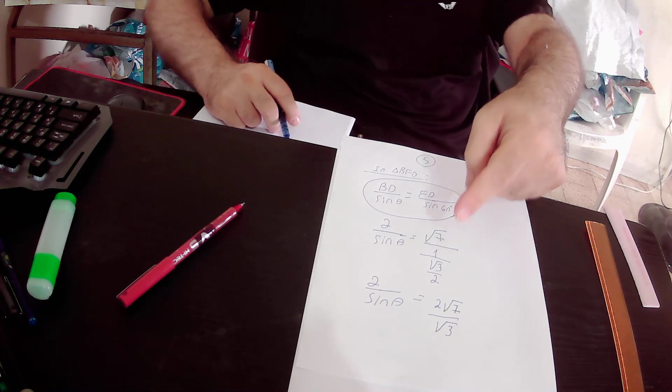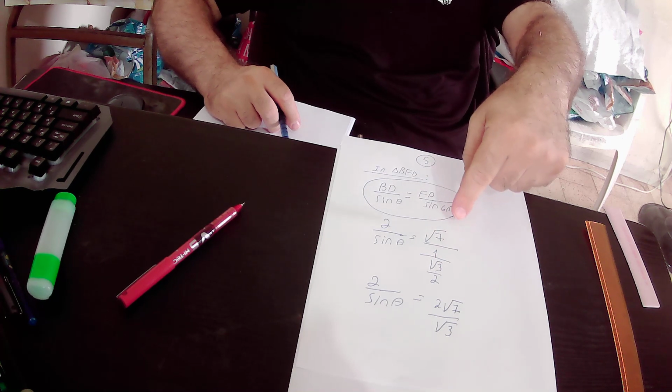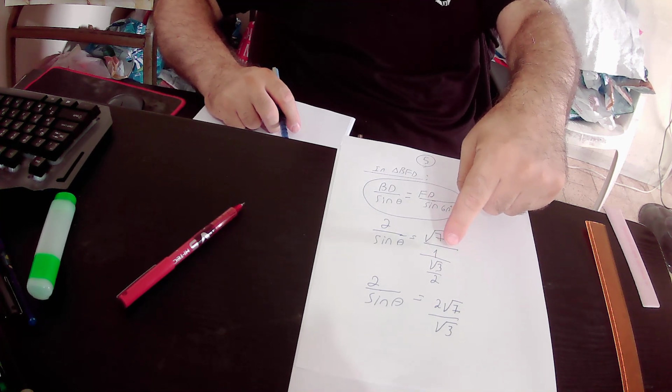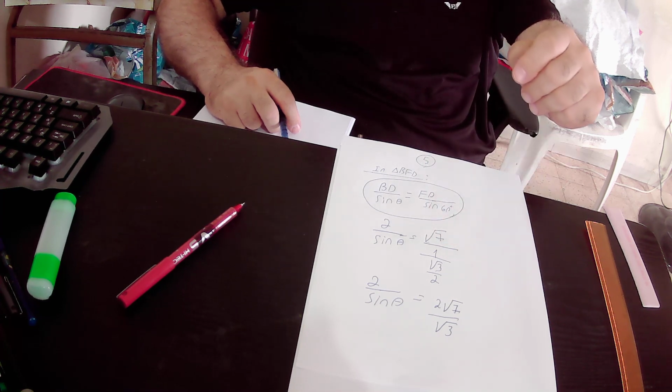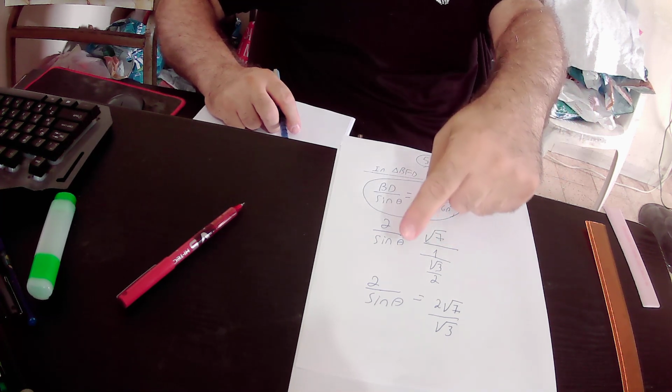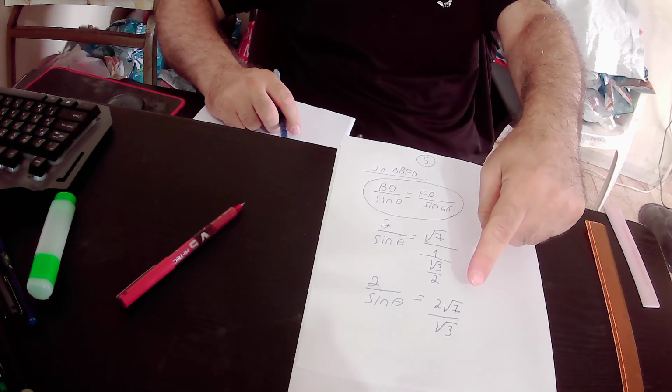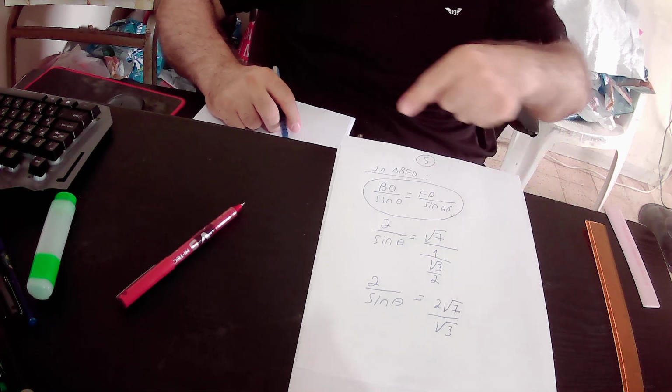Here we moved 2 to the numerator and root of 3 to the denominator. We got that 2 over sinus theta equals 2 times root 7 over root 3.